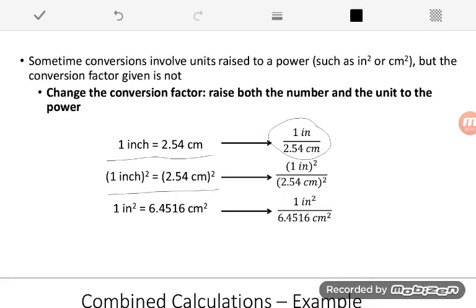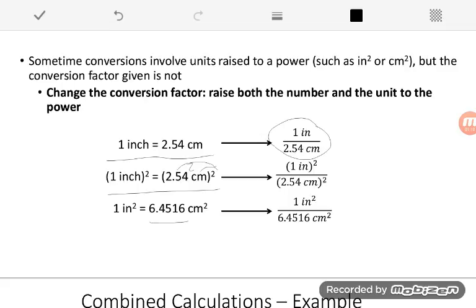But the important thing here is to remember to distribute that exponent. So the 2 here goes to not only the number, but also the unit. So it's not just 2.54 centimeters squared. You have to square the 2.54, and you get 6.4516 square centimeters.